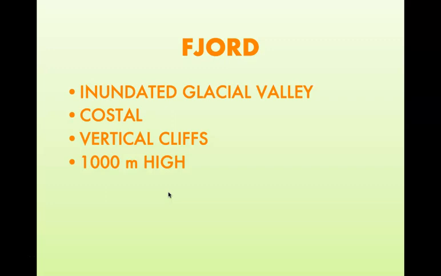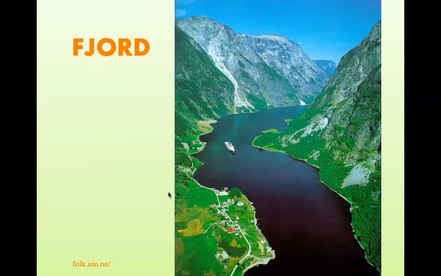My favorite, fjord. I just like to say fjord, I think, but fjords are very pretty. What is a fjord? It's an inundated glacial valley. What the hell does that mean? Inundated means flooded, okay? And what we need to remember, going back to our conversation of the water cycle, is that there's only so much water on the planet.